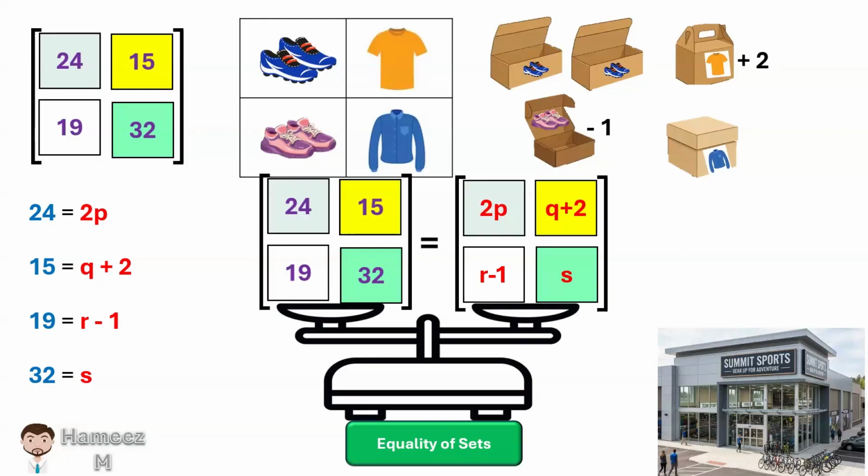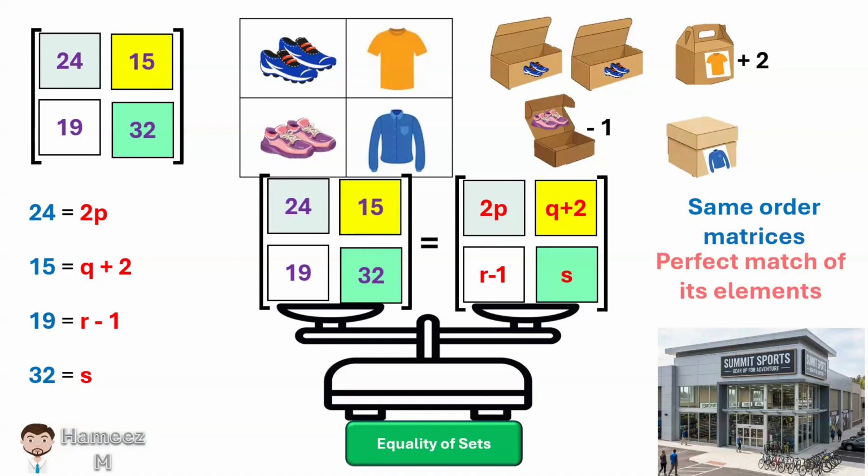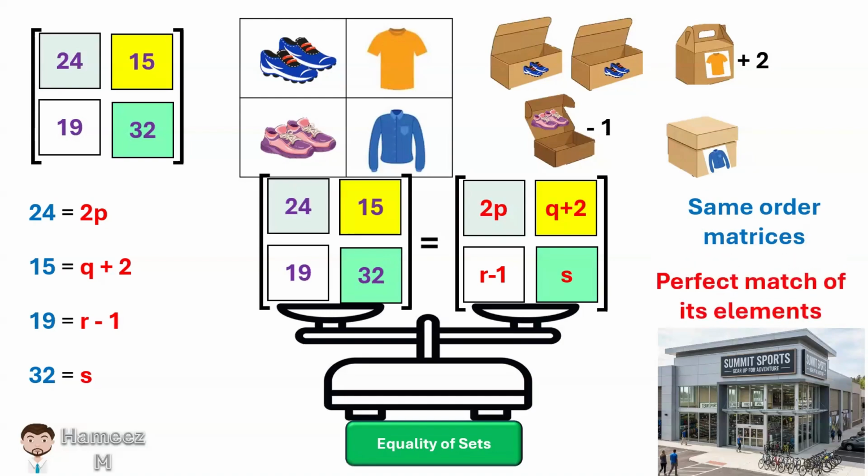So that's what we consider to be the same. And of course, for them to be equal, they must have the same order. If they don't have the same order, they won't be able to line up. So equality of these matrices means it's a perfect match of all its elements.